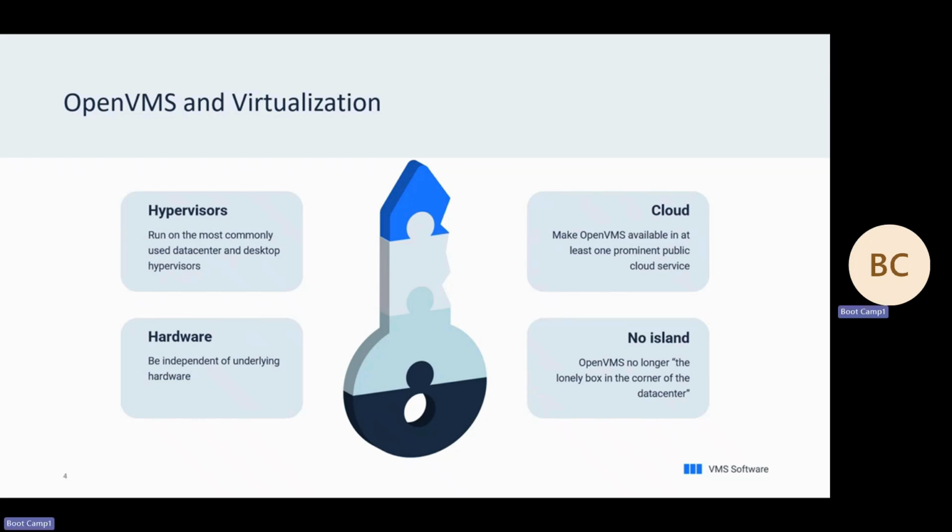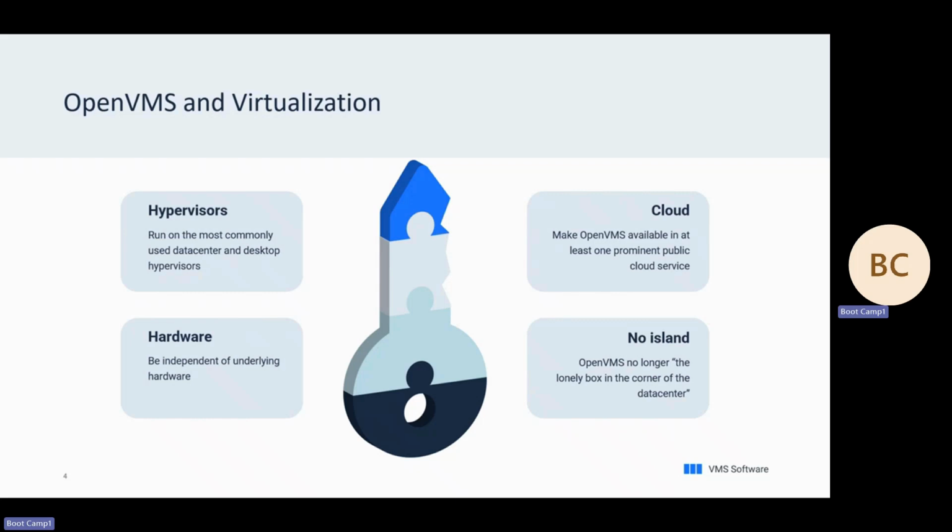And on the desktop, we want to run in VirtualBox and in VMware, what's it called? Fusion on the Mac, and then the other one is Workstation. That's the word I was looking for. And that's something, of course, that by now we've pretty much achieved.